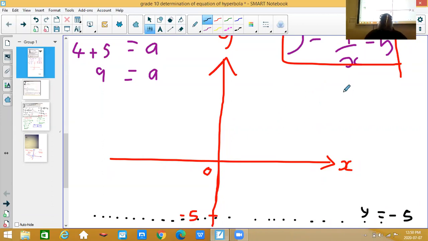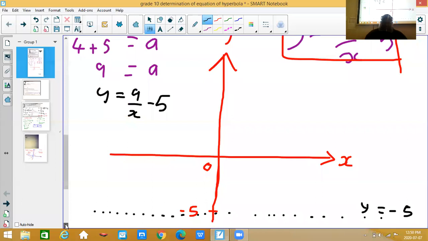So our equation is y is equal to 9 over x minus 5, right? We have got our line of asymptote, which is y is equal to -5.